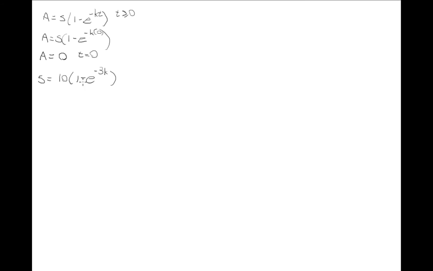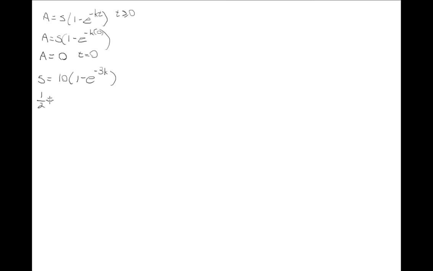Let's try and rearrange this the best we can to get our e to the power term by itself. So let's take our 10 across first. We're going to have 5 divided by 10, which is just a half.